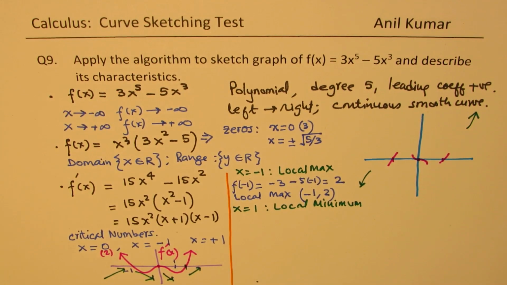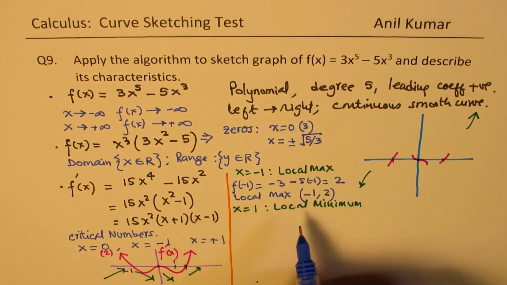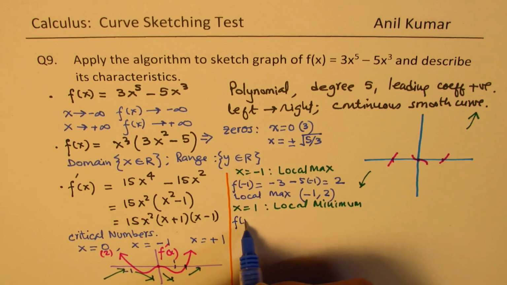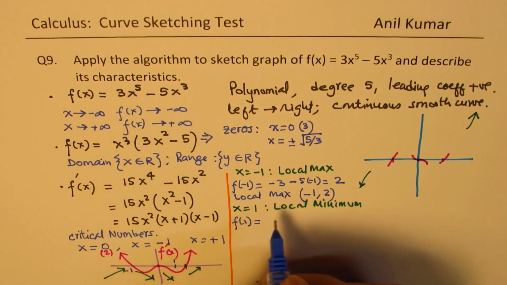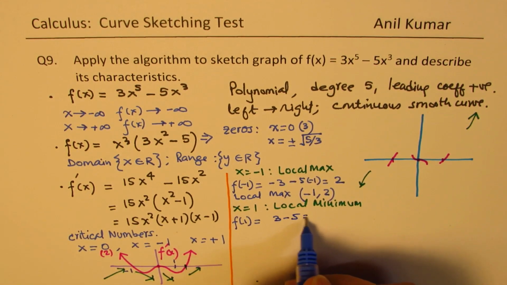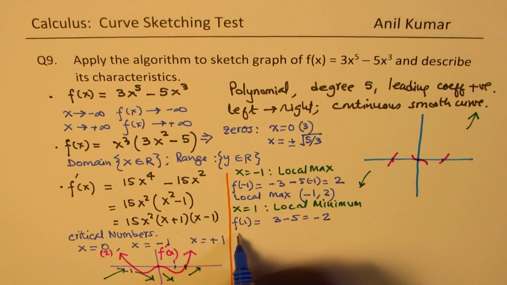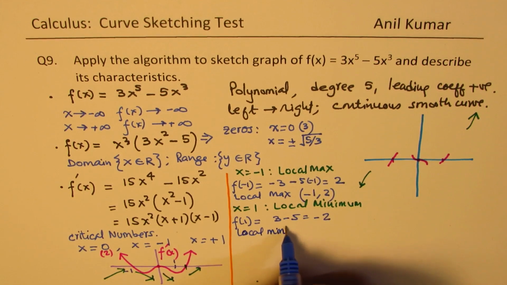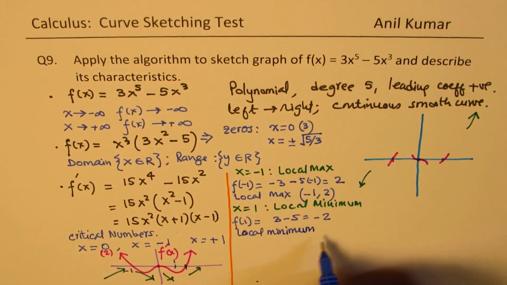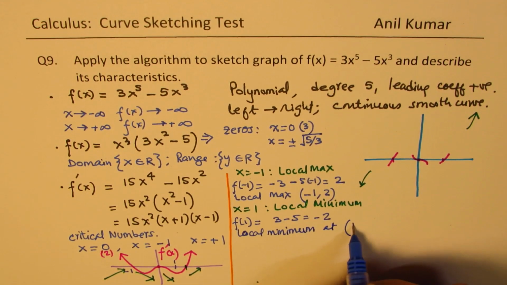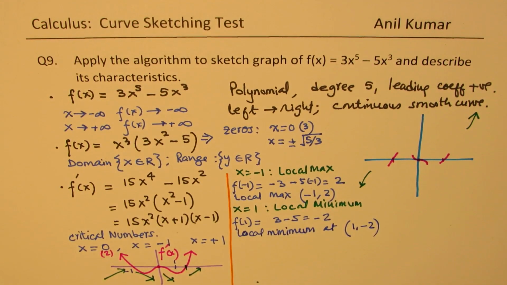Let's find this value also. Substituting 1 here, we get 3 minus 5, which is minus 2. So we have a local minimum at (1, minus 2). Clear?